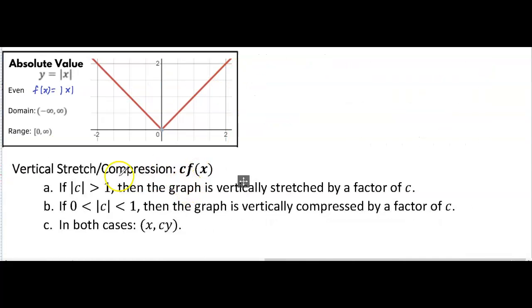Now looking at a vertical stretch or compression, we've already done a horizontal stretch compression. We did a quick example of compression. Let's look at a vertical one. According to what it says here, we should be multiplying our function by something. Let's do something pretty similar to that last one.